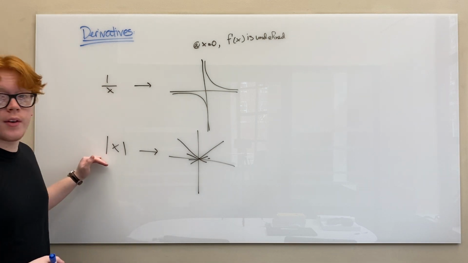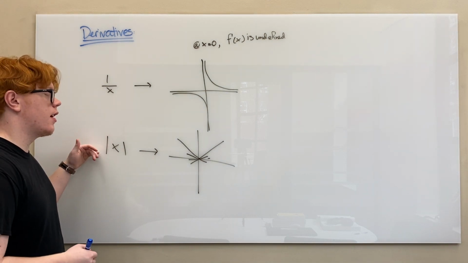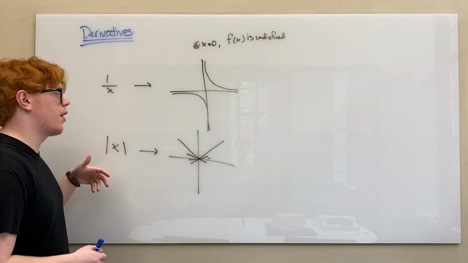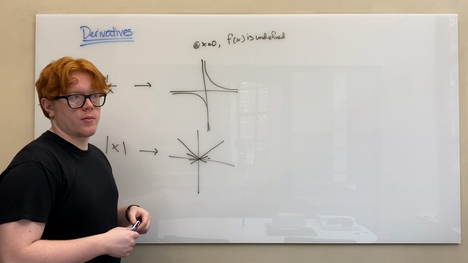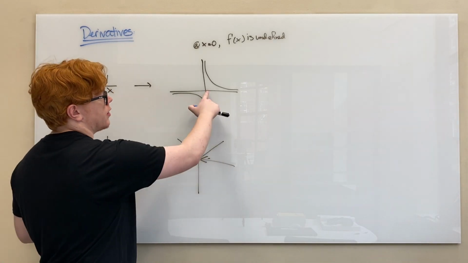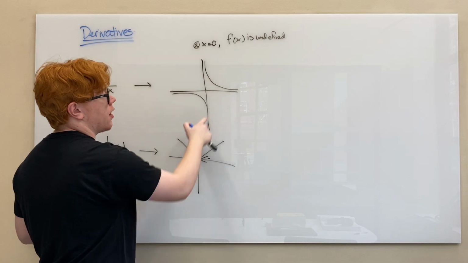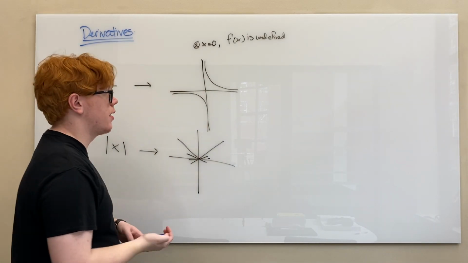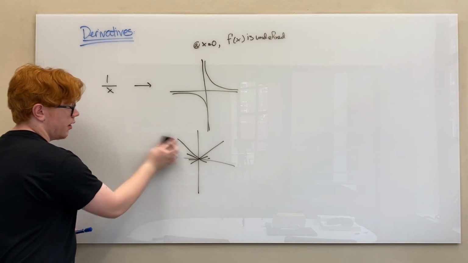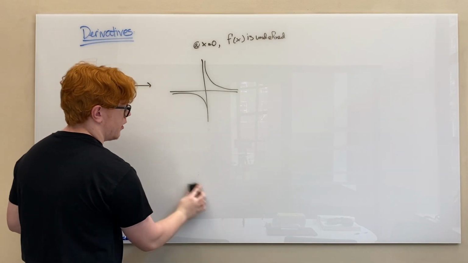We can still take the derivatives of these functions, but you've got to keep in mind where it's differentiable. As a general point, if there's a discontinuity, there is no differentiability at that point. So with that little note, let's get into it.